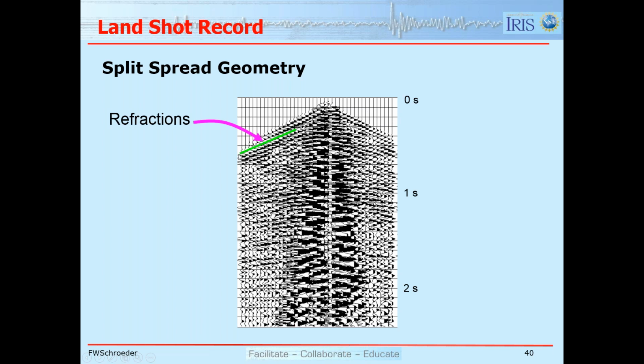We can have refractions that we capture, which would be straight lines. We can have ground roll, and all the big excursions, the big sweeps of black and whites near the midpoint, is ground roll. And the reflections are the hyperbolic events either to the left of the midpoint or to the right of the midpoint.